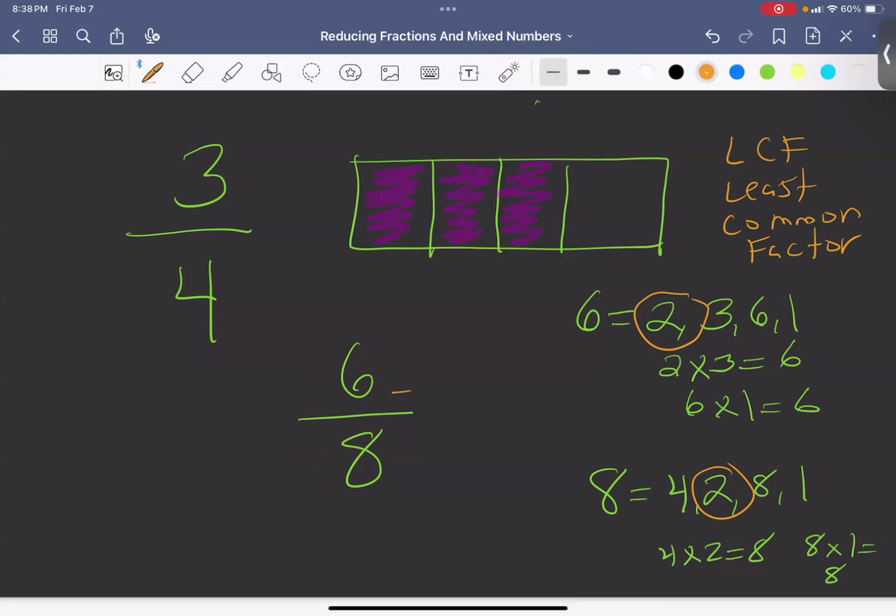So I'm going to divide both the numerator, the top number, and the denominator, the bottom number, by the least common factor, which is 2. So 6 divided by 2 is equal to 3, and 8 divided by 2 is equal to 4.